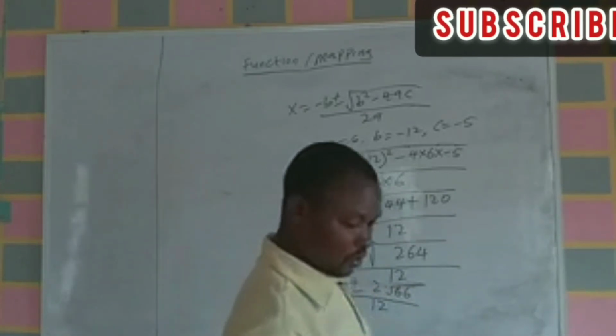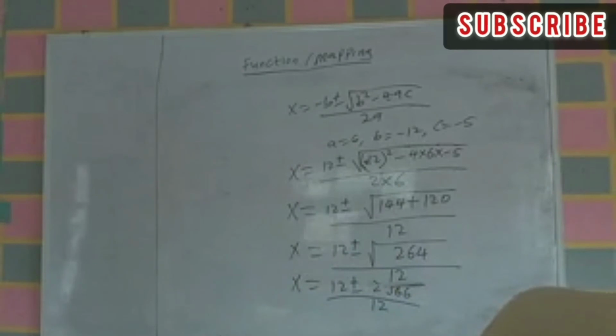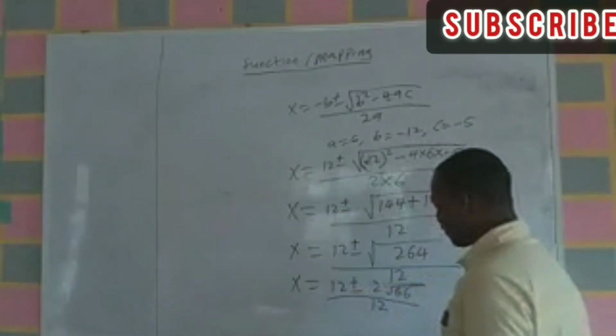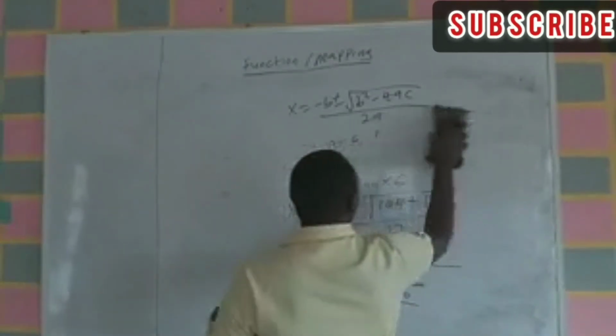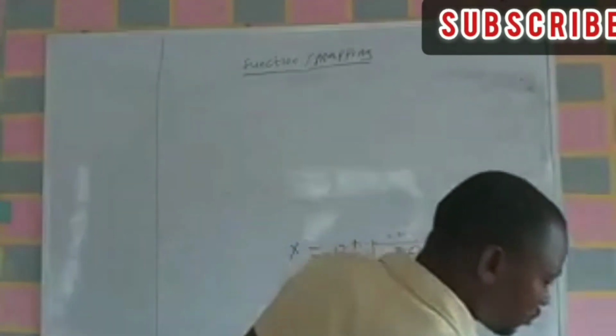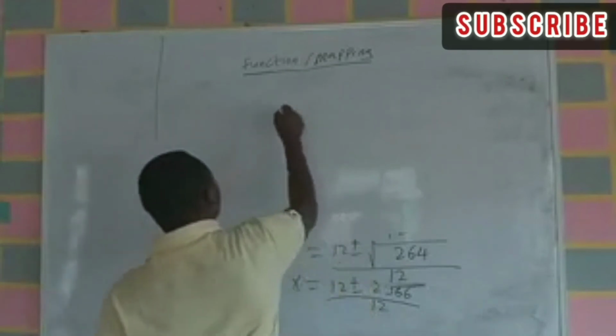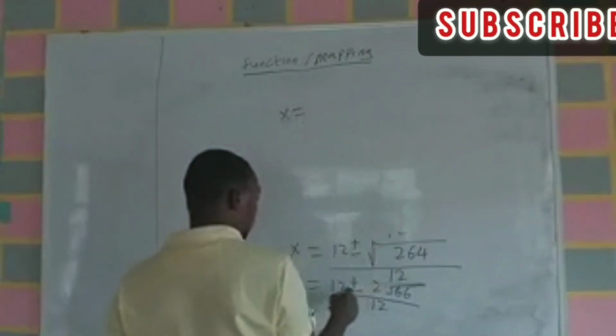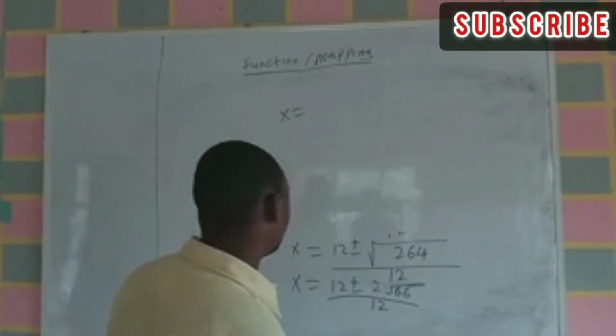You can also convert it to decimal if you like. So this gives s equals, you notice that 2 is common.